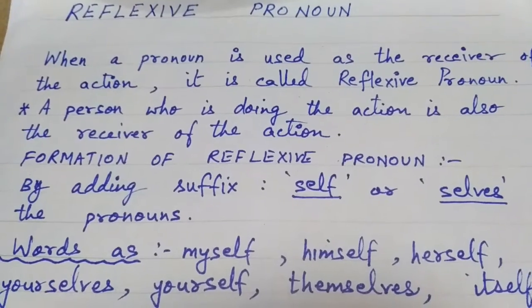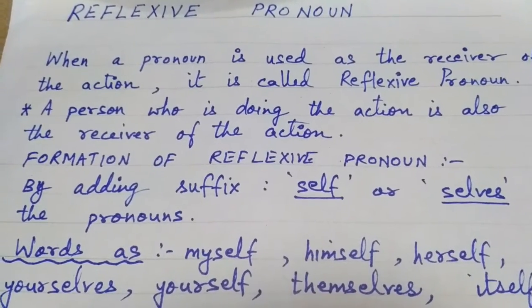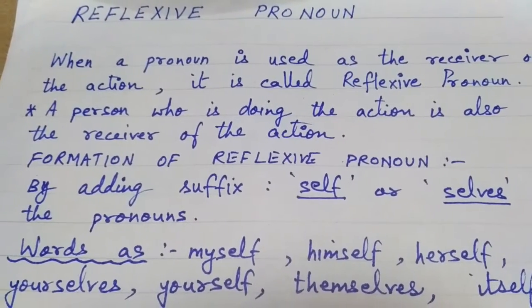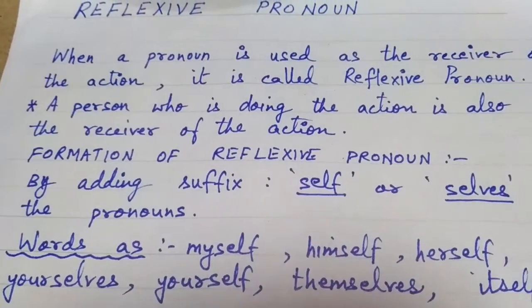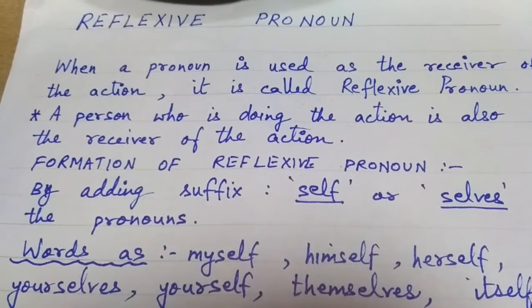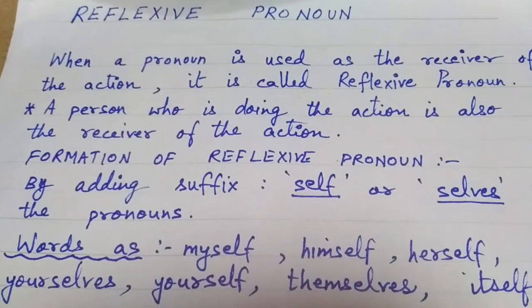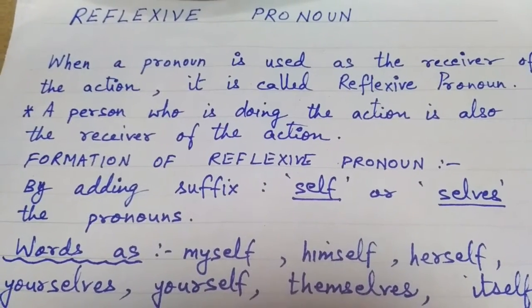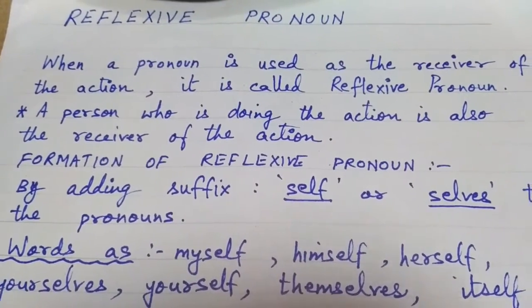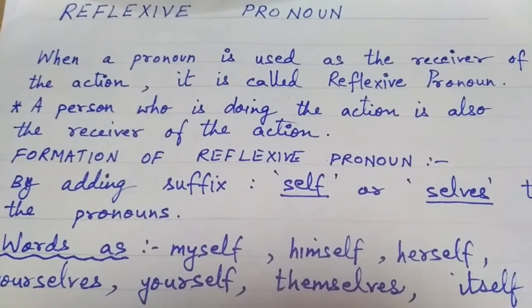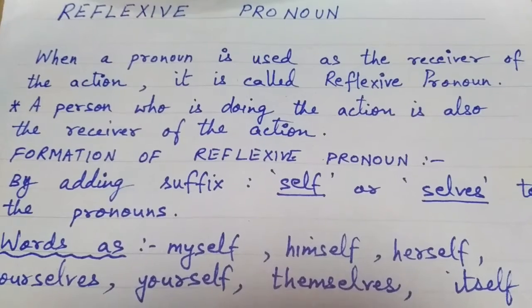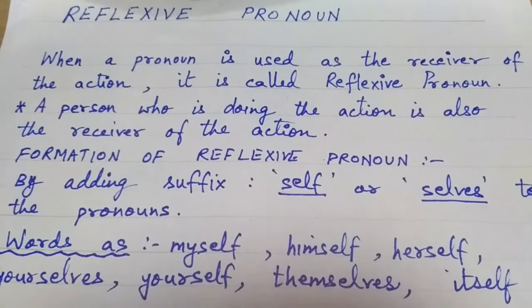That means the person who is doing the action is also the receiver of the action in the sentence. So we will have a subject, which may be a noun or a pronoun, and the receiver of the action, which may be a pronoun related directly to the subject.